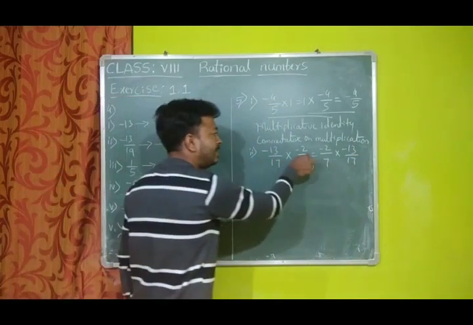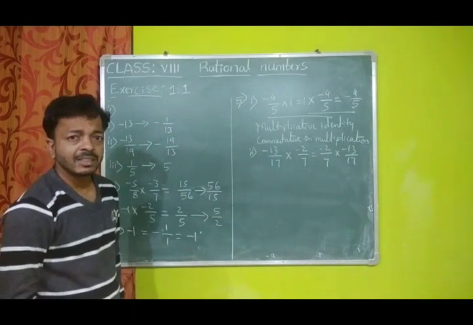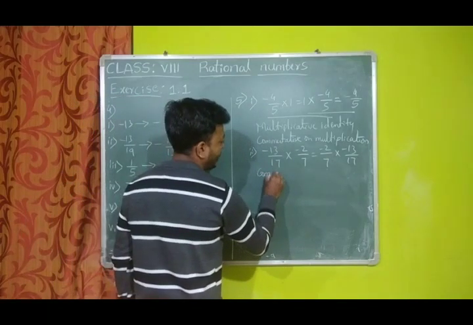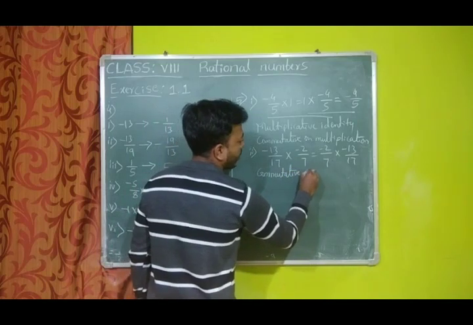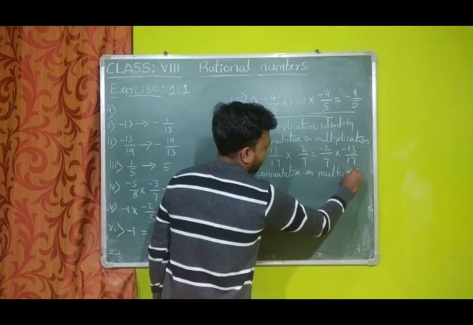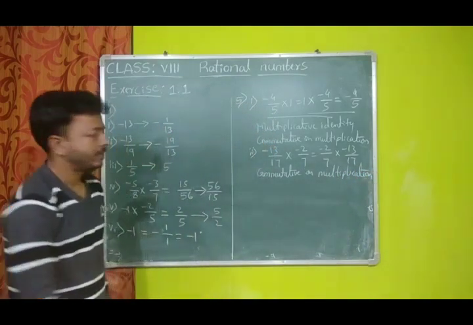They just interchanged the terms and the multiplication is as it is. So it follows the commutative property on multiplication.